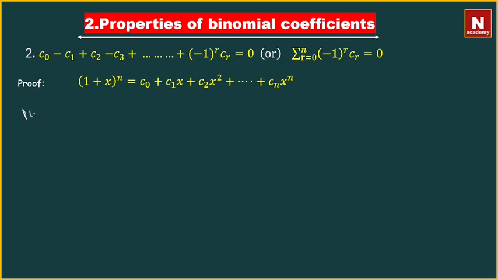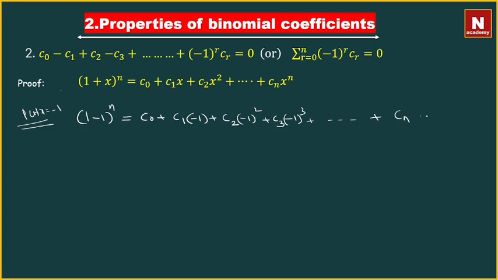Put x equals minus 1. Now (1 minus 1) whole power n equals C0 plus C1 into minus 1, plus C2 into minus 1 whole square plus C3 into minus 1 whole cube and so on Cn into minus 1 whole power n. Now 1 minus 1 is 0, and 0 power n is 0. We get C0 minus C1, plus C2, minus C3 and so on, last minus 1 power n into Cn.